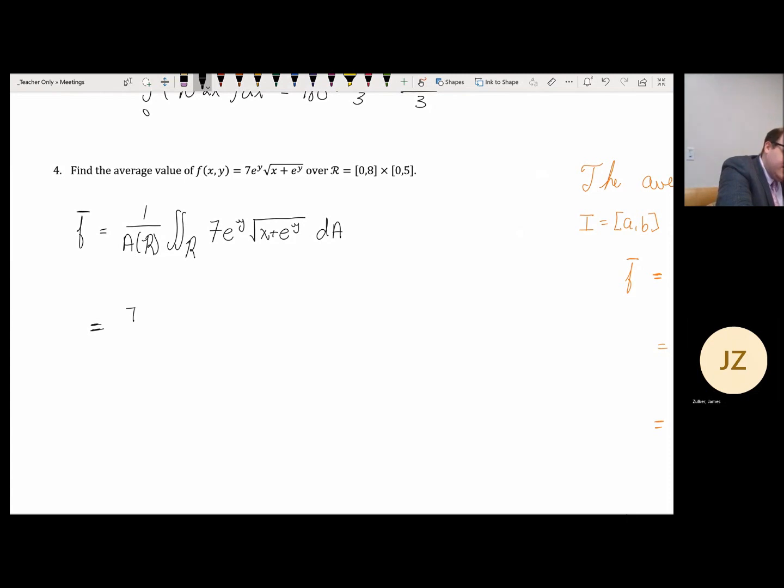In fact, out of 7, what is the area of our rectangle? 40. 40.